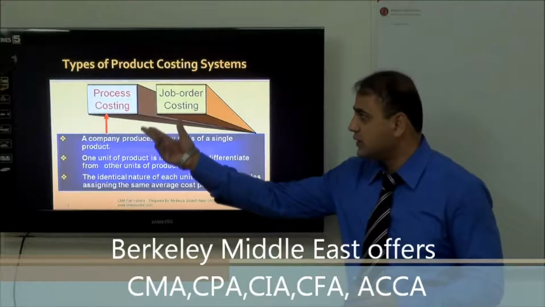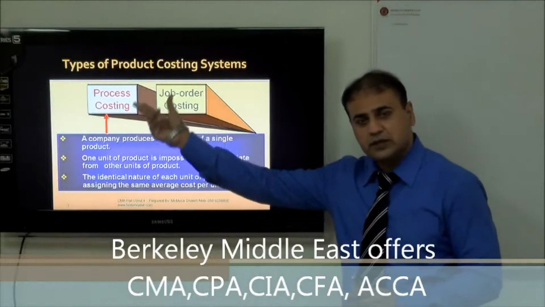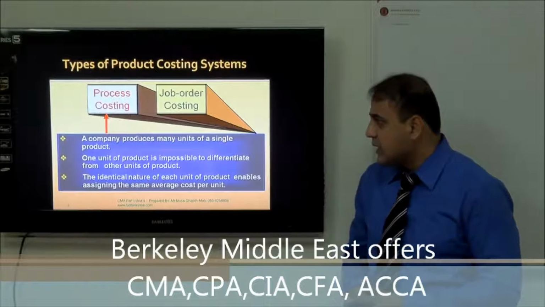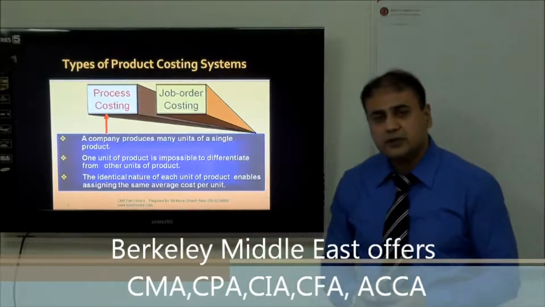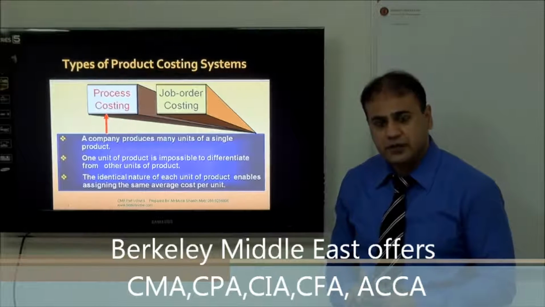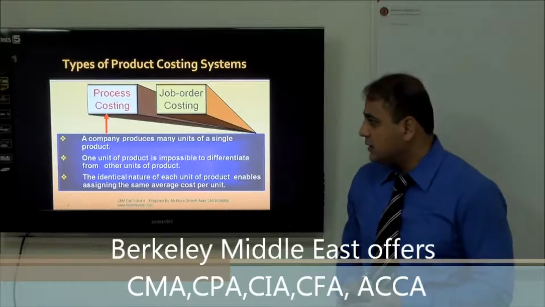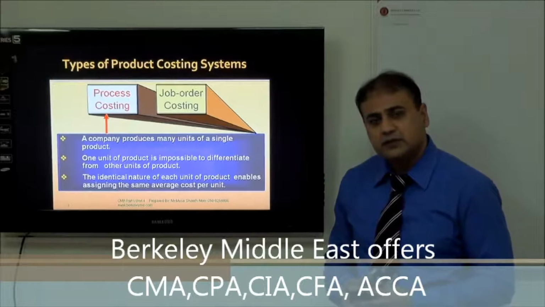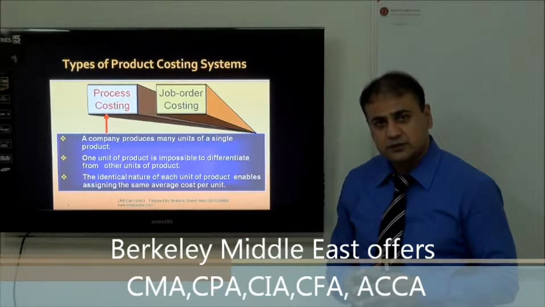First of all, we have job order costing, then we have process costing. A company produces many units of a single product, and one product is impossible to differentiate from the others. This means for similar kinds of products we have to apply process costing.